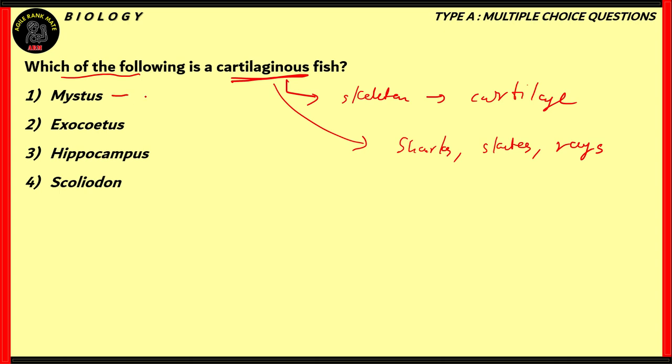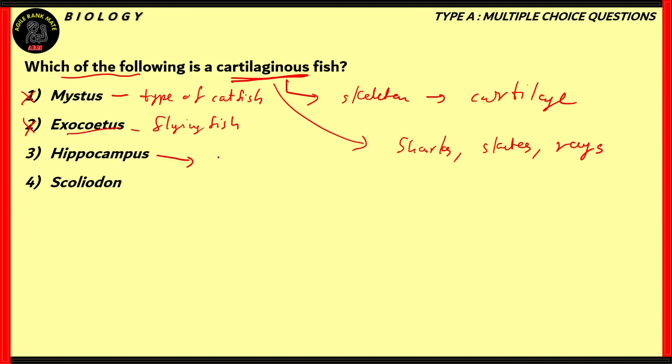Option 1, Mystus, refers to a type of catfish. Fortunately, catfish are bony fish, so option 1 is incorrect. Option 2, Exocetus, refers to flying fish. So therefore, that option is also incorrect.